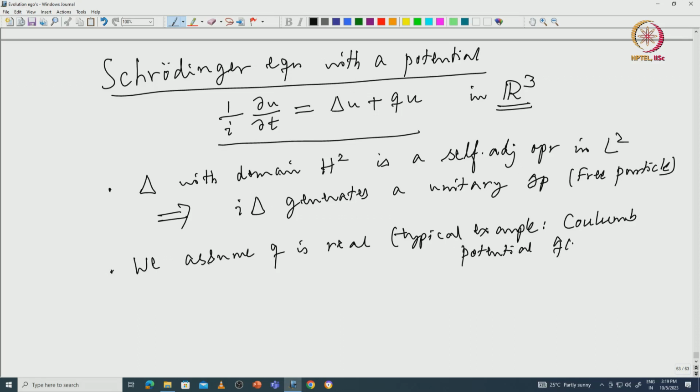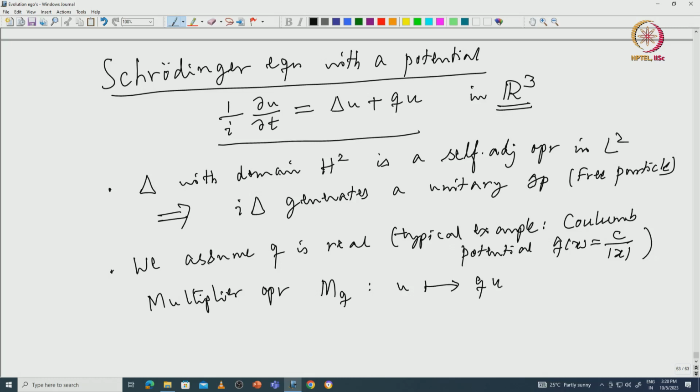q(x) equals a constant over modulus x, which in R3 is locally integrable. That is a typical example. Now the multiplier operator MQ takes u and multiplies by q.